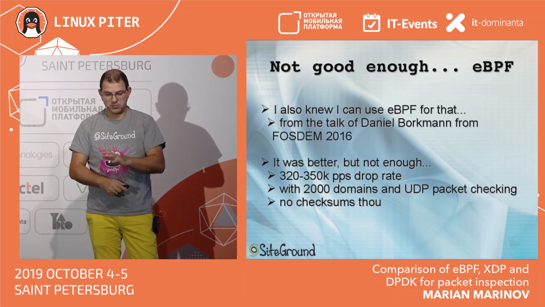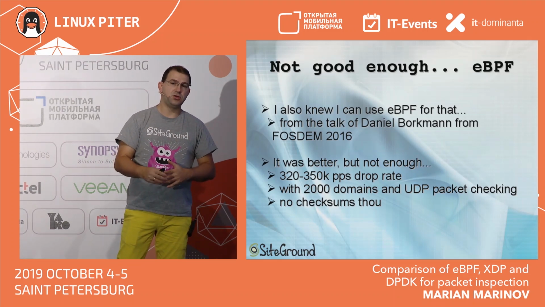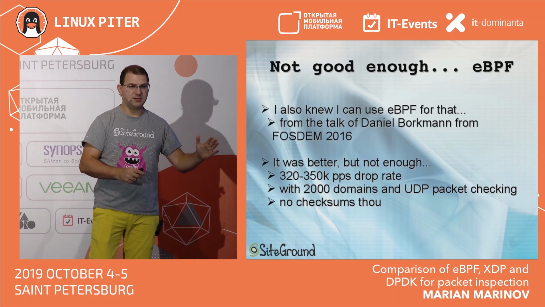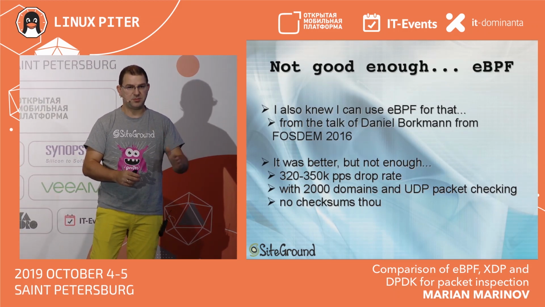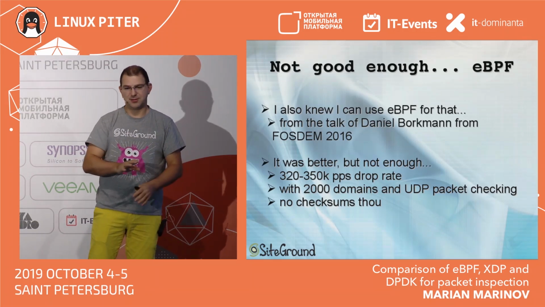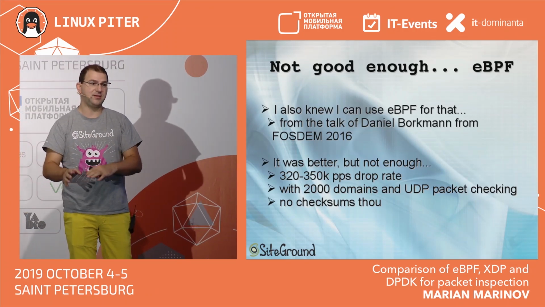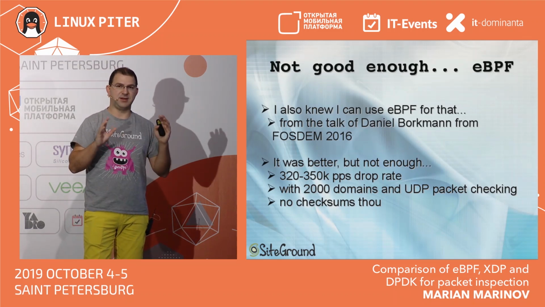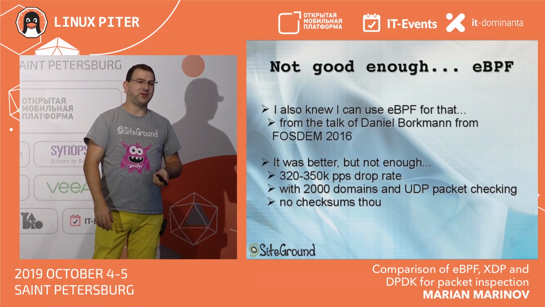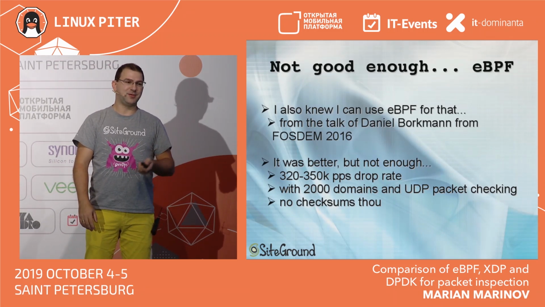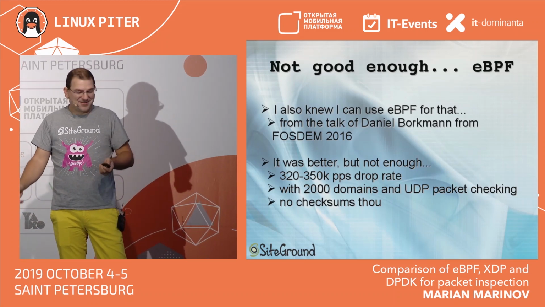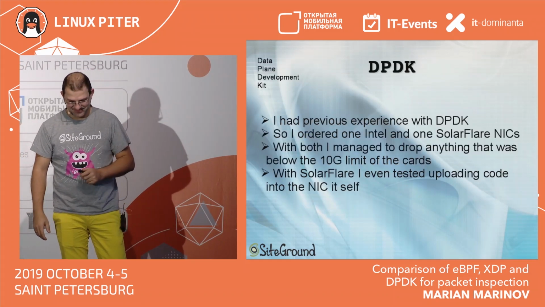And in order to get these results, you have to pin your NICs to certain CPUs, and you have to have your user space software not using those CPUs. So CPU affinity and CPU sets were very important in order to make it faster, which is a problem in cloud environments where you don't know if these CPUs are actually dedicated to you. Because the virtual machine gets something, but what it is, you don't know.